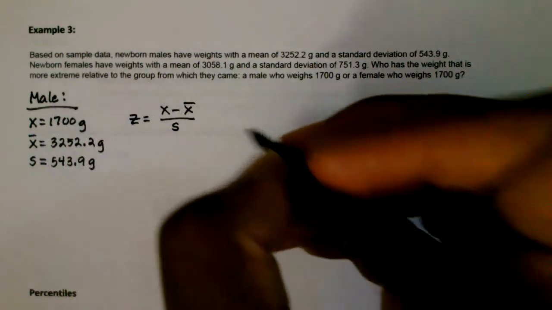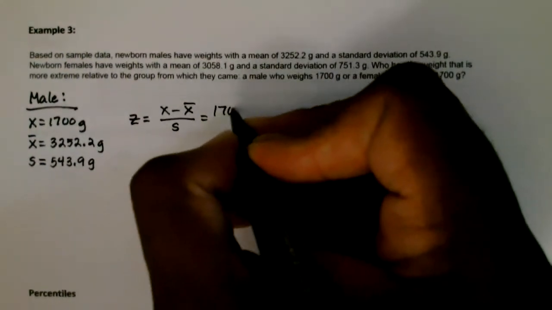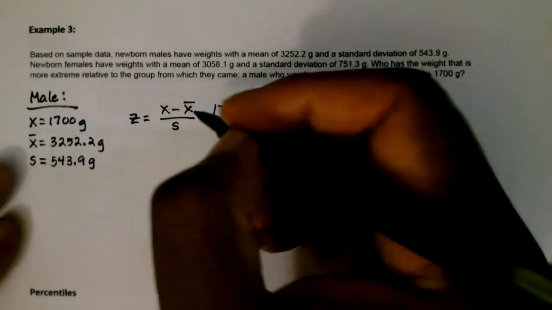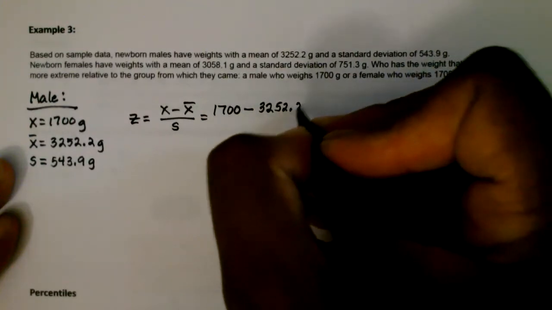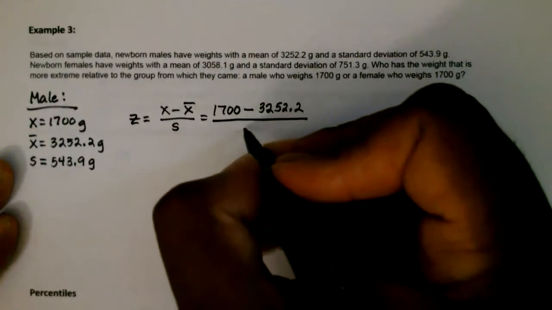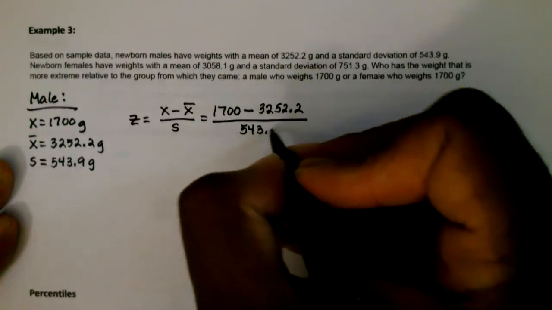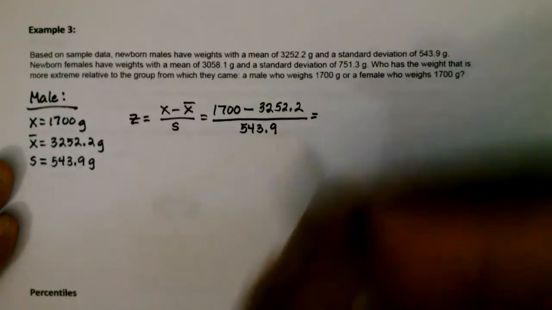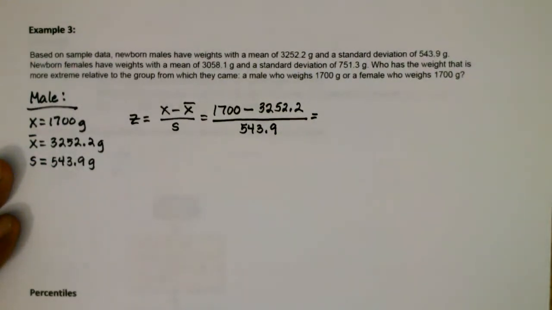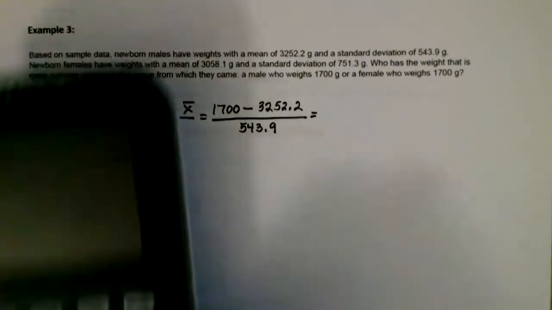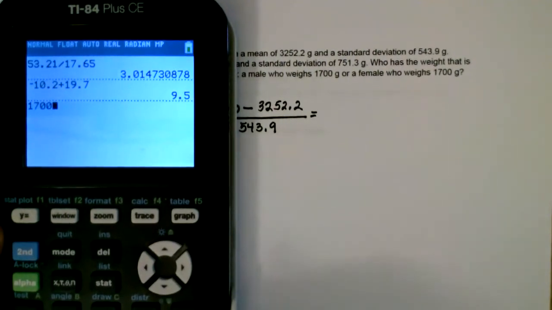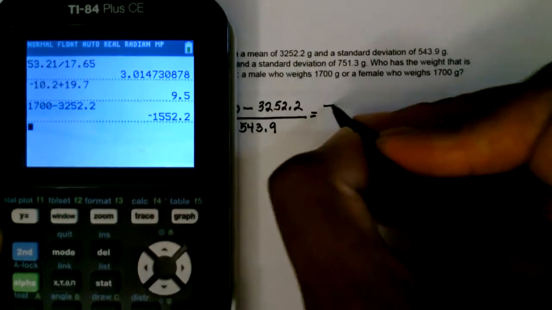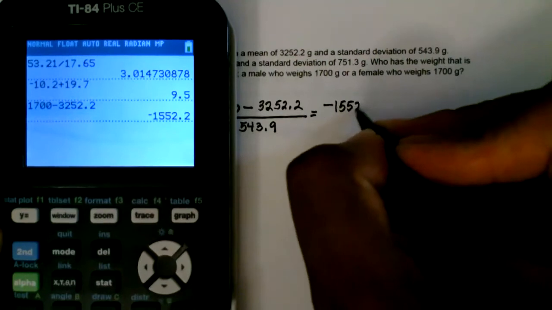The x value we're dealing with is 1,700 minus x bar, which is 3,252.2, all divided by the standard deviation, 543.9. Now, when I do 1,700 minus 3,252.2 in the calculator, you'll see I get a negative value, negative 1,552.2.